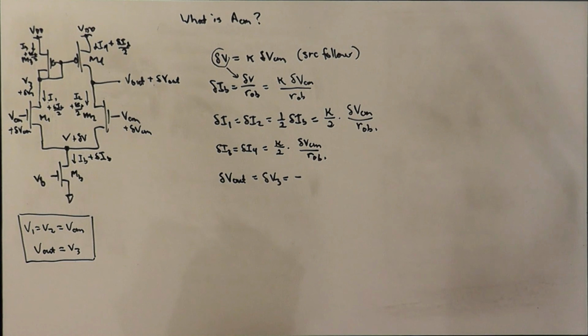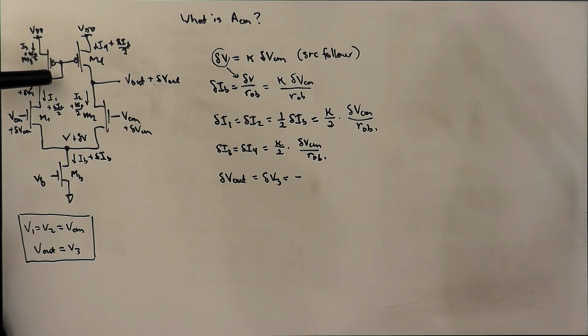And we have to figure out what is that delta V3. Well, we have here a change in the gate voltage accounting for an increase in the channel current.